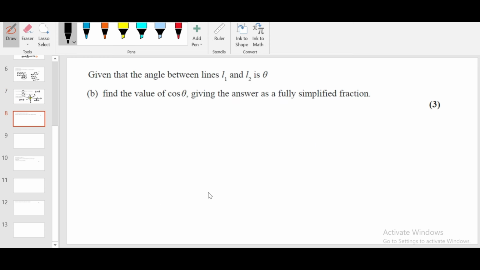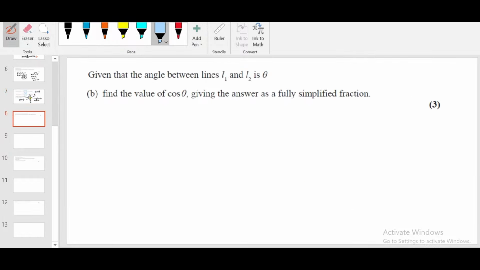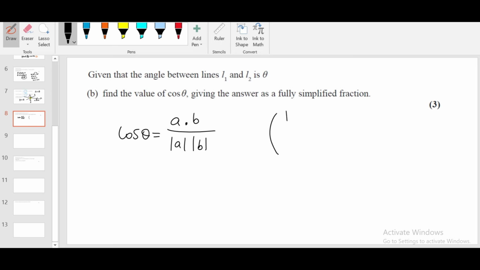Part B now. The angle between lines L1 and L2 is theta. So you need to take the direction vectors of these two lines. The direction vectors are (1, 2, 2) and (4, minus 1, 8). You find the dot product of them because the formula to find the angle between two vectors is A dot B, that's the dot product, divided by modulus A modulus B. So first let's find the dot product.